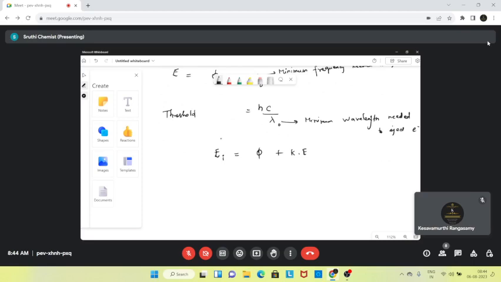Listen carefully. EI is the energy of the incident photon. So now I am passing an incident photon having an energy of 40 kilojoules.